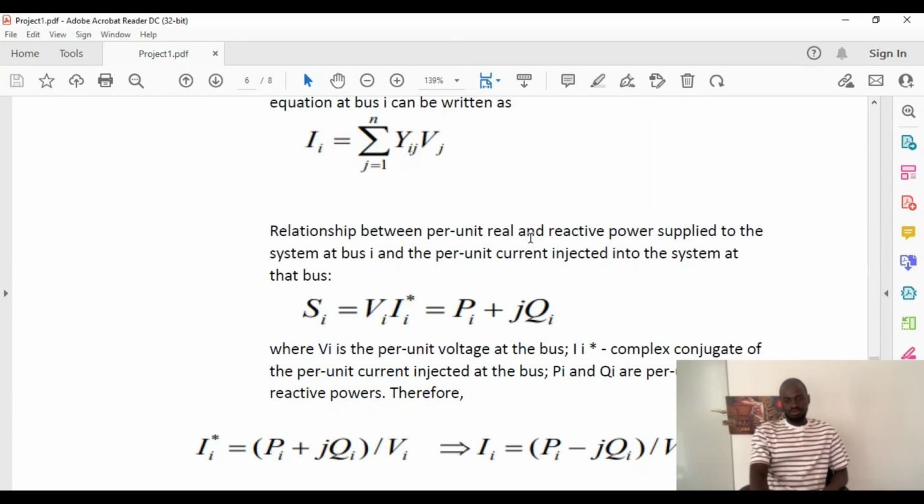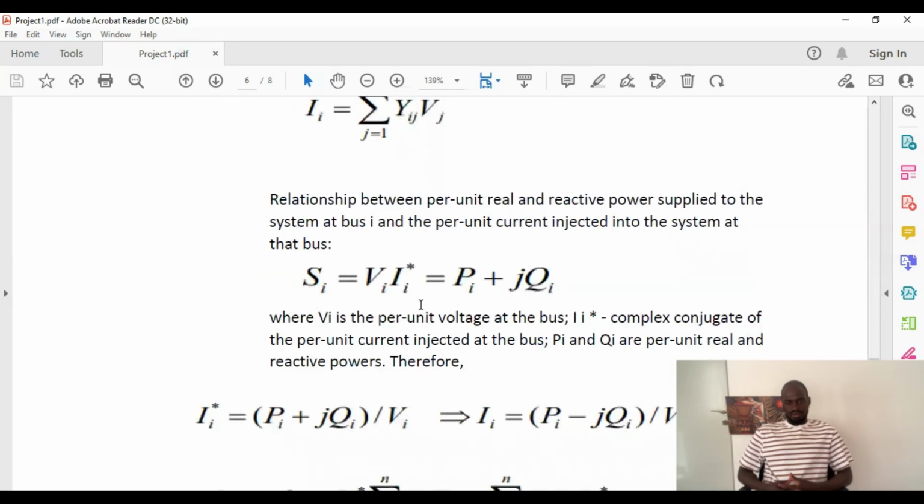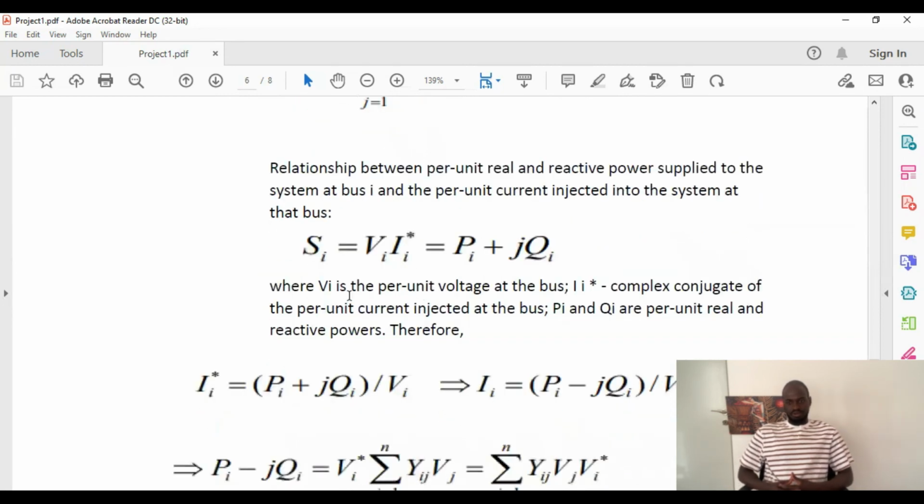The relationship between the per unit real and reactive power supplied to the system at bus i and the per unit current injected into the system at bus i is written as follows.